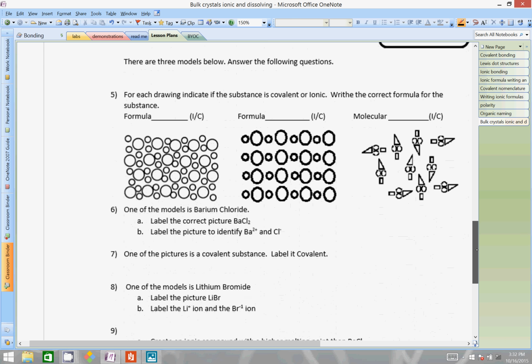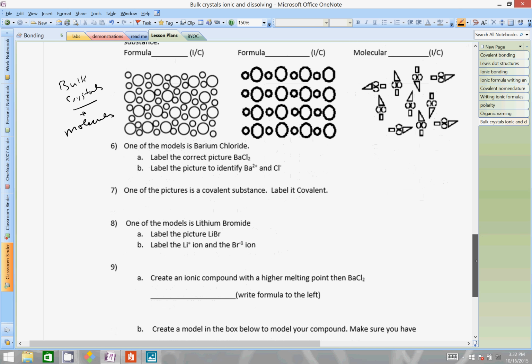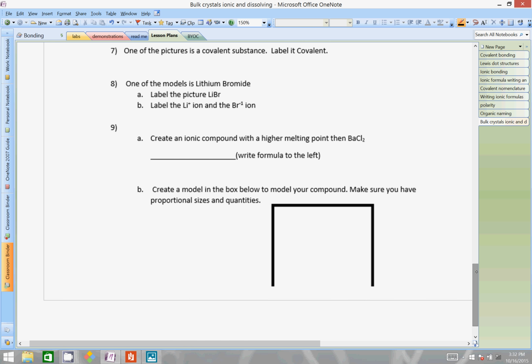We have some symbols here looking for the difference between bulk crystals and molecules. And then as we come down, again creating more pictures of molecules and bulk crystals, being able to draw things out. And that is all we have for introduction to this page. You'll want to finish these up on your own.